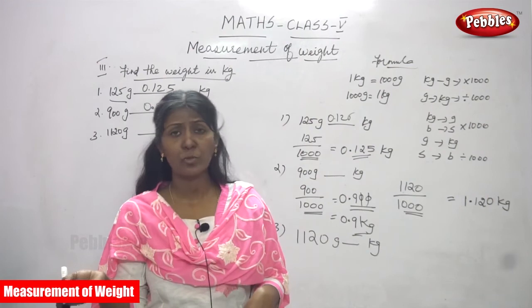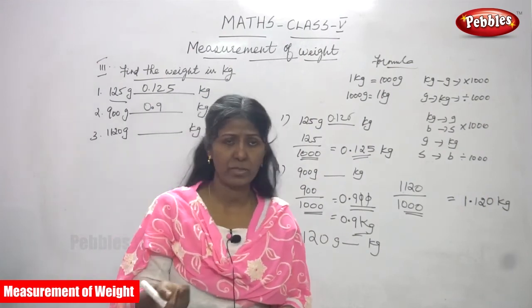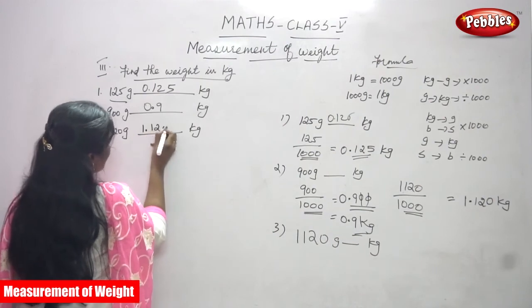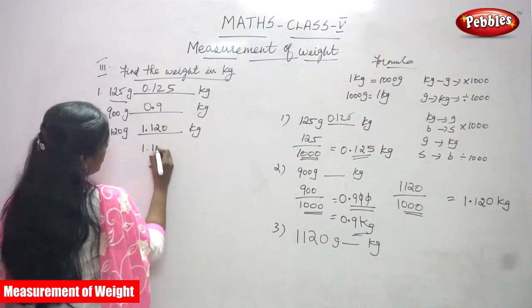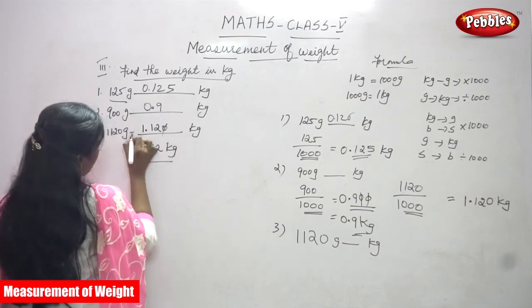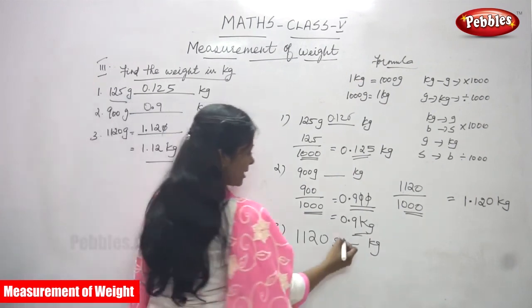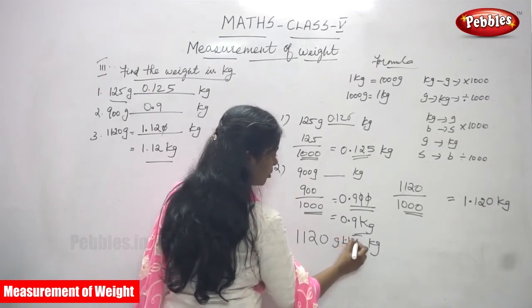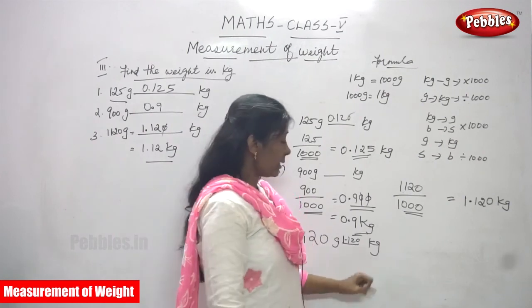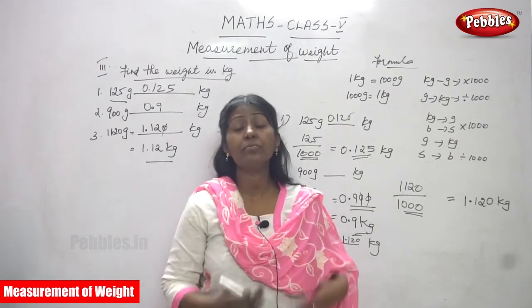If you want to cancel it, you can cancel it. Otherwise, if you want to write it, you can write it. No issues. So the answer is 1.120 kilogram, or else 1.12 kilogram. This is the right answer for the question.